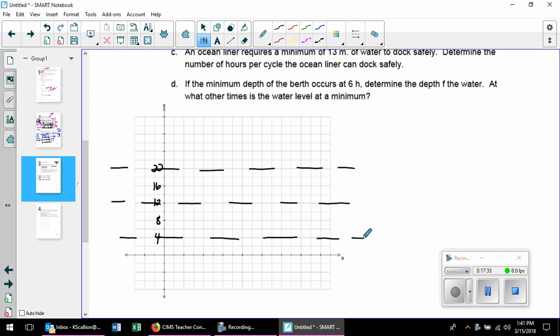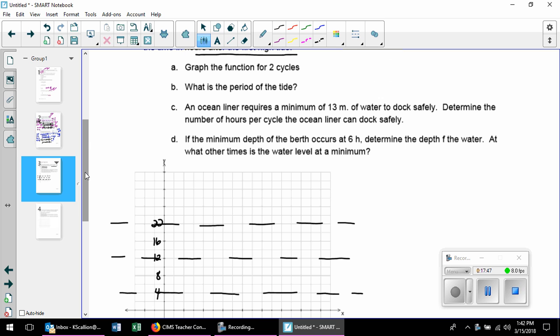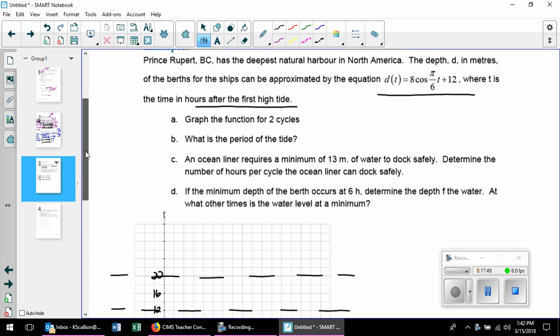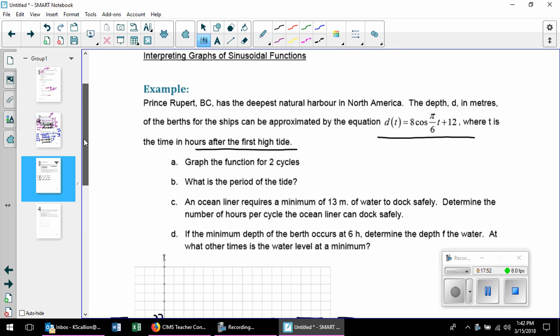All right, so we know that. What's the next thing I need to know? What do I need to do my x-axis increments? My period. So if I'm going to calculate my period, my period is equal to 2 pi divided by pi over 6.